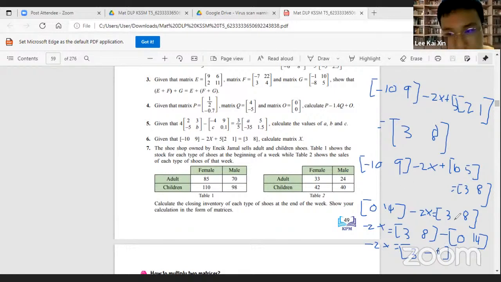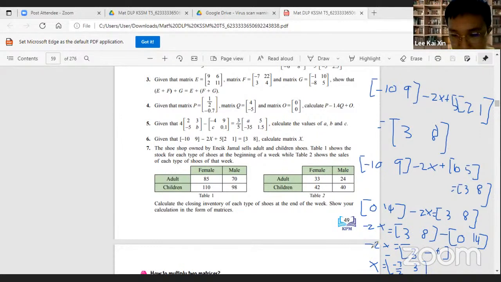So x, we will get 3 divided by negative 2, which is negative 3 over 2. Negative 6 divided by negative 2 is 3. So you get negative 3 over 2 and 3.